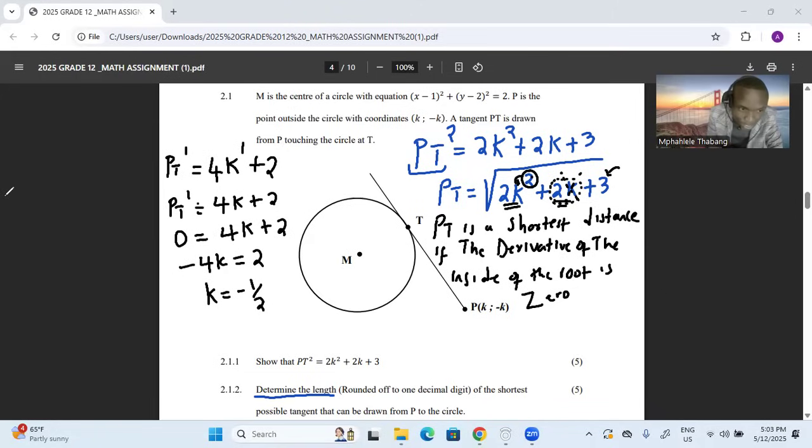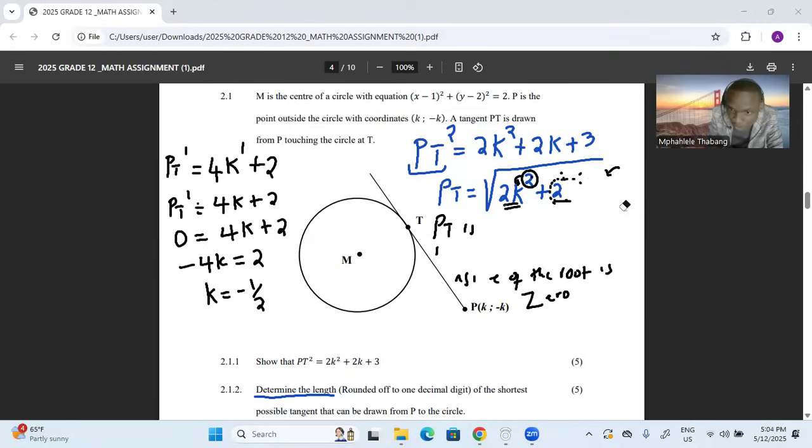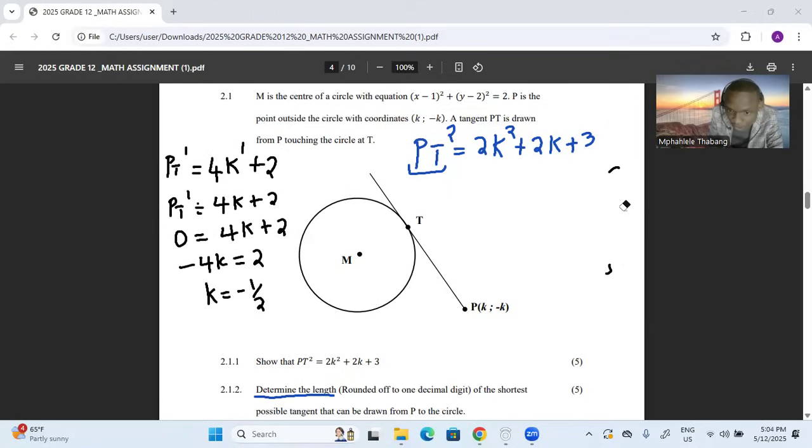So let me do that. Okay, let me erase here. Now I will go back to the formula and say PT equals the square root of 2k squared plus 2k plus 3.